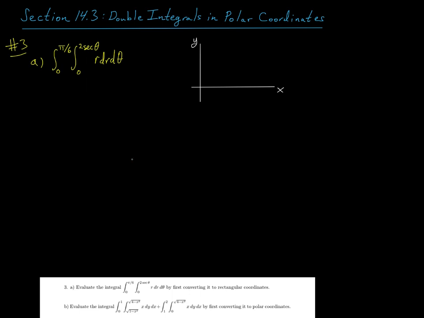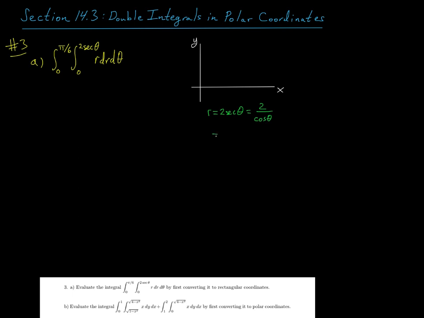All right, so let's draw a picture of the region of integration, and I'm going to start with looking at r equals 2 secant theta. So first notice that secant is the reciprocal of cos. So I have 2 over cosine theta.